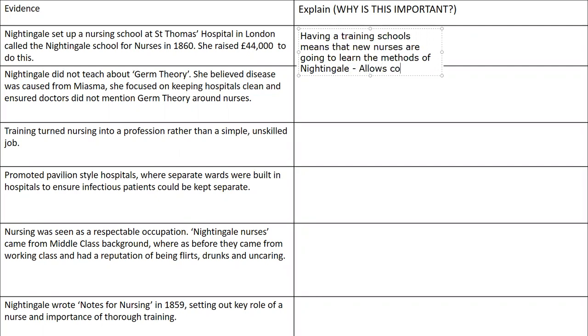It allows consistency across the profession, which again is important as it allows safer, more accessible care for all. So this here is quite vital, okay? This point here is really important to understand just how much change the Nightingale School for Nurses was, all right? And this in itself allows people to be drawn into the profession.